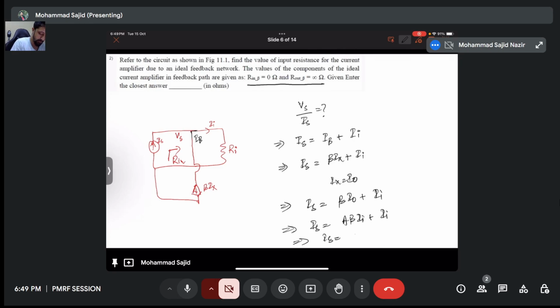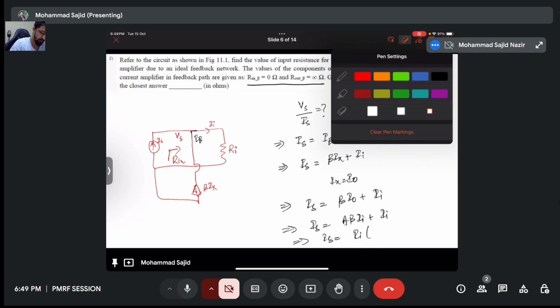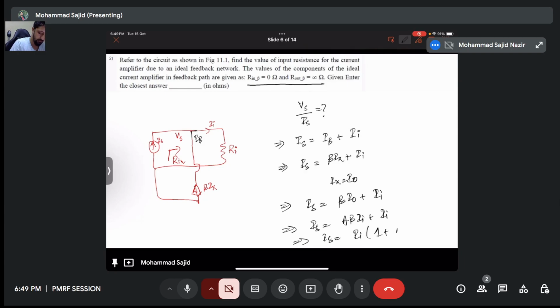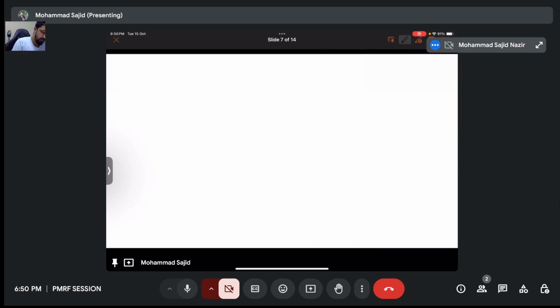So again Is is Ii times (1 plus A beta). What we need to find is Vs. Vs is I times Ri.